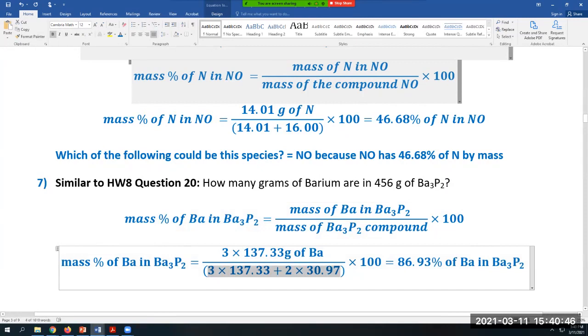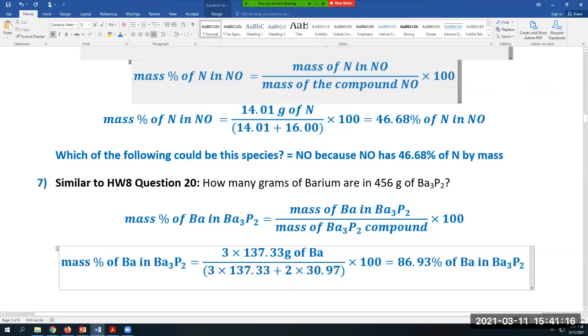So in your calculator, you do 3 times 137.33 divided by, open the parentheses, 3 times 137.33 plus 2 times 30.97, close the parentheses, times 100. Of course, you could also calculate the molar mass separately and just have the number here in the denominator. It's okay to do it this way as well.